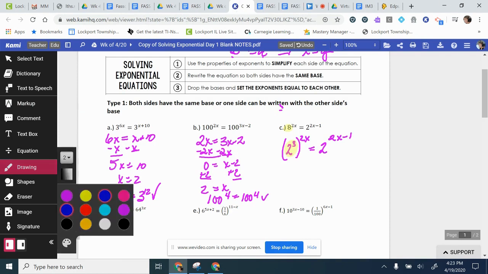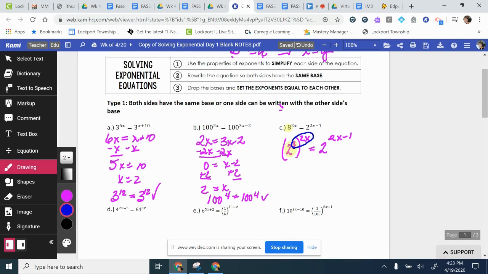Now we're not ready yet to set things equal to each other because we have to take care of this using properties of exponents. So I have a power of a power. So now I have 2 to the 3 times 2x, or 6x, equals 2 to the 2x minus 1.